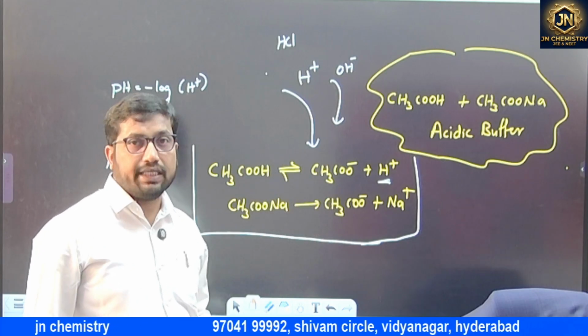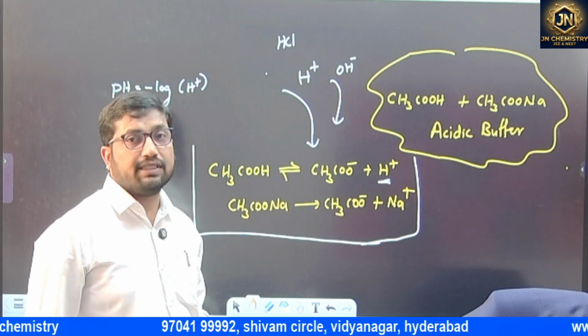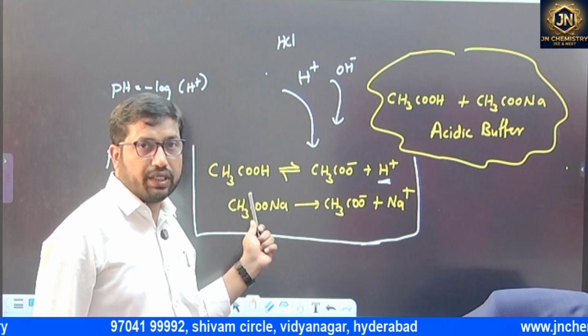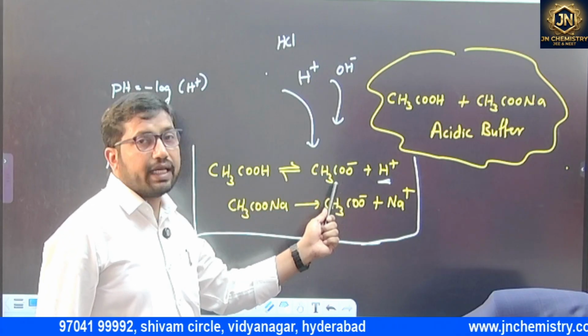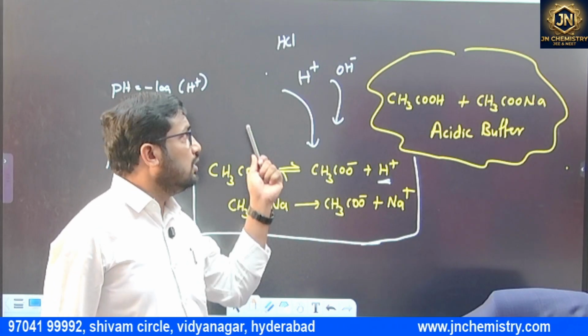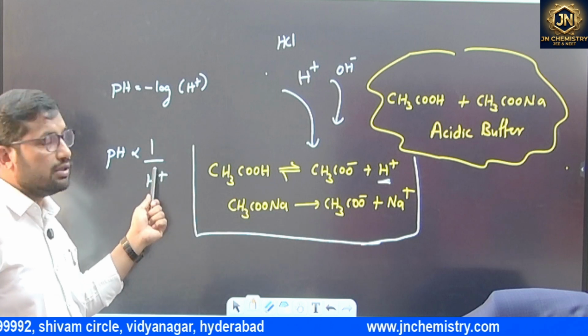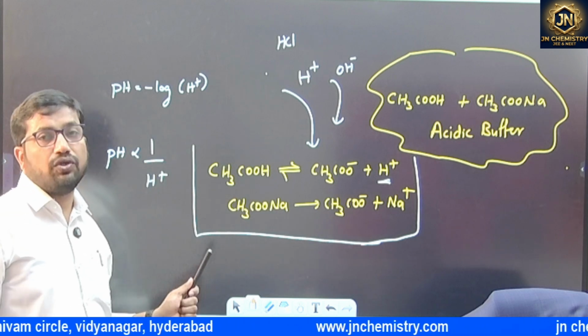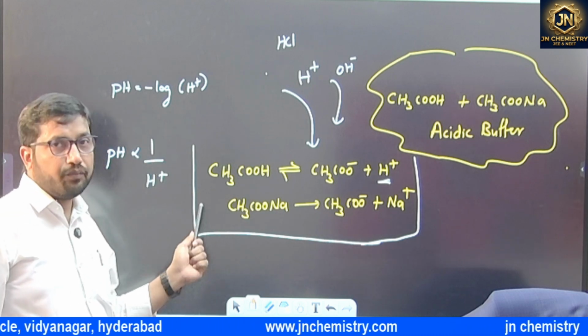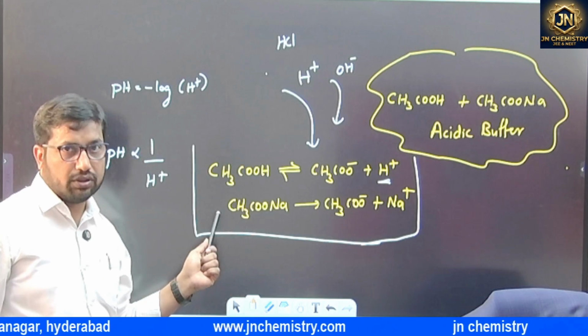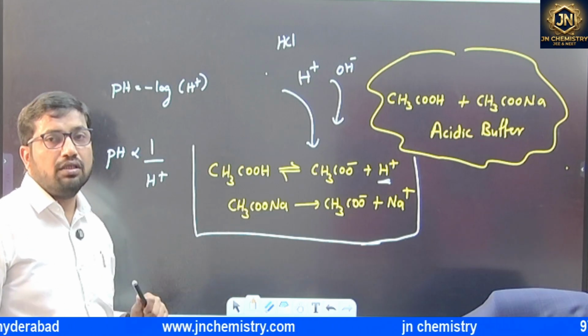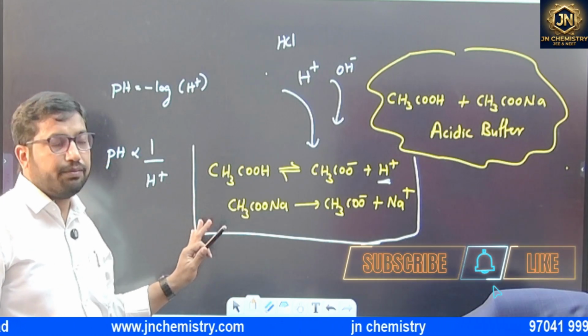As many H plus ions are decreased, that many H plus ions are given by the CH3COOH. So automatically there is no change in the pH. That type of solution we call a buffer solution. Generally this is an acidic buffer type of solution.